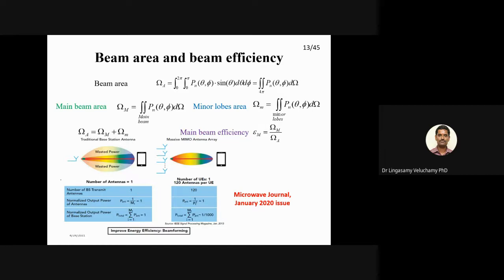This is the typical scenario till now. It's a cell-based coverage. You have an antenna. You might have seen in the cell tower, 3 antennas will be there. Each antenna will cover about 120 degrees, so that it covers the entire 360 degrees.